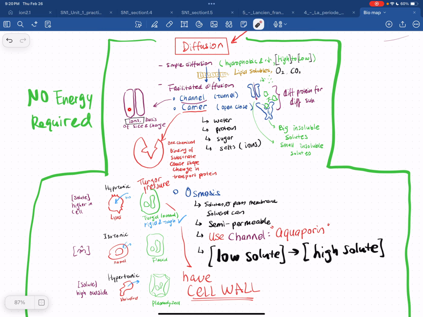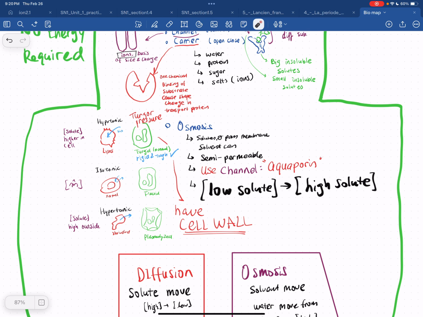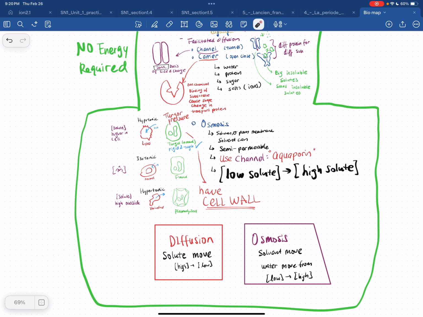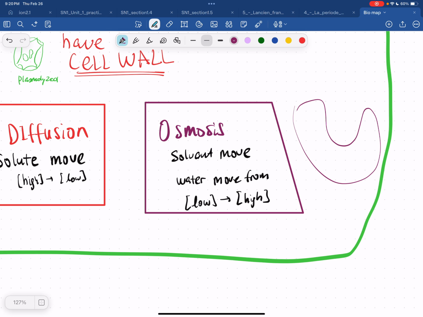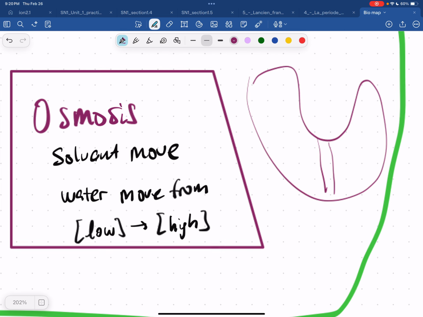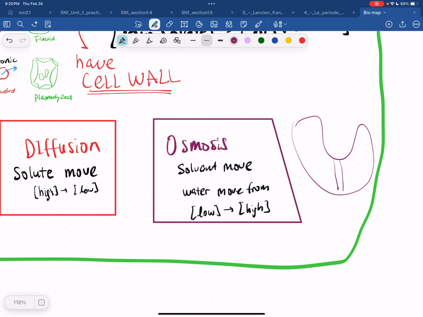Channels are based on size and ions, whereas carriers are based on binding, so whether the substrate is able to bind or not. Osmosis is when there is a semi-permeable membrane in between. Draw it: a U-tube like this, with a semi-permeable membrane in the middle where only the solvent will go.